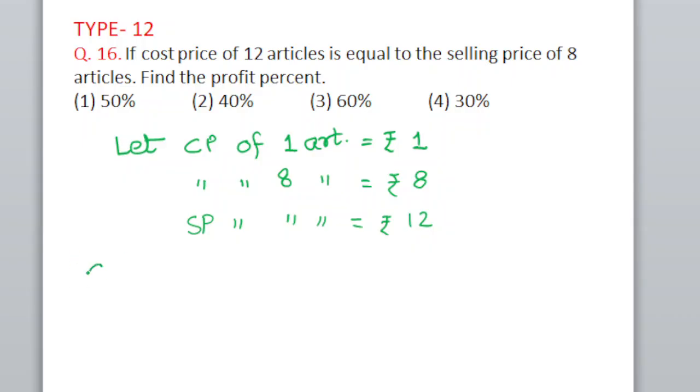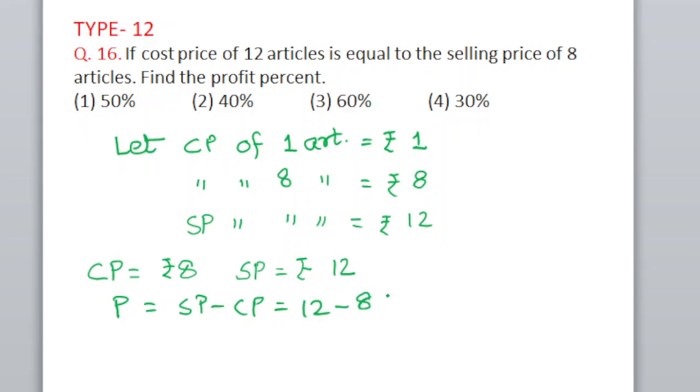Now here CP is equal to rupees 8 and SP is equal to rupees 12. So there is a profit, and that profit is equal to SP minus CP, that is 12 minus 8, so that is equal to rupees 4.